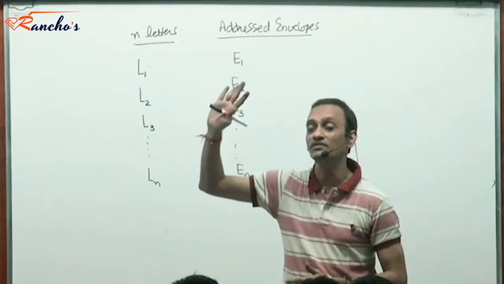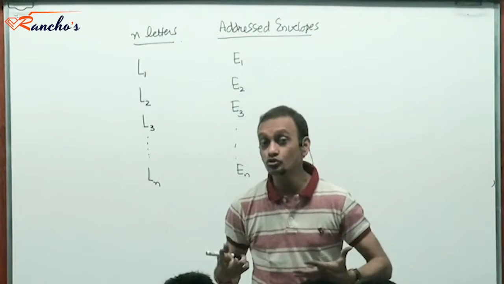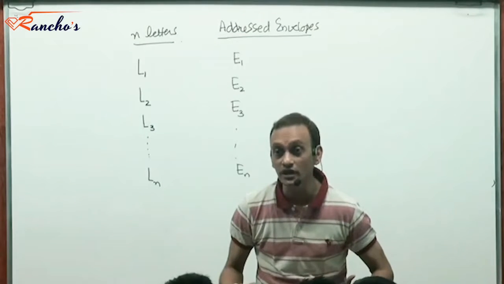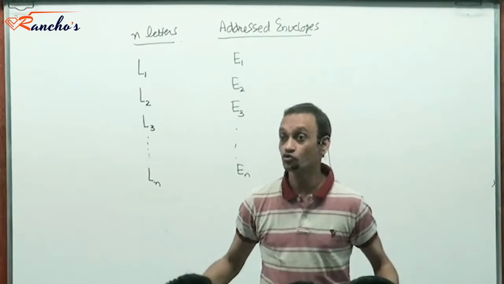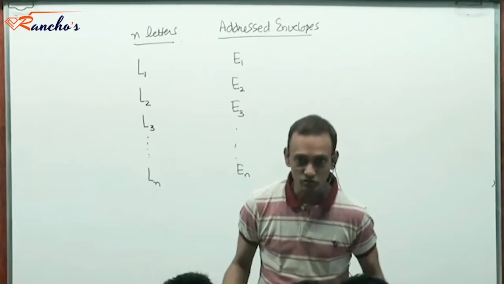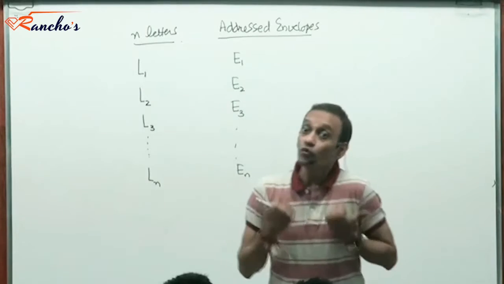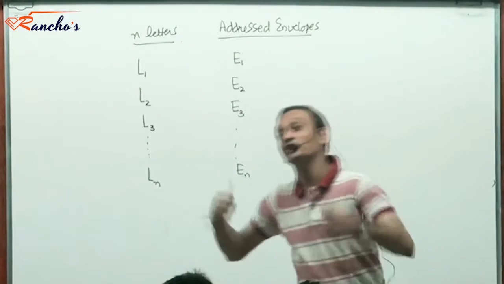L2 would go into E1. All messed up. And there are many ways you could cause that to happen, isn't it? There are many ways you can cause things to be not right at all. So if no letter goes in the right envelope, then there would be nothing that went right, right? Now I want to figure out the number of ways in which I can cause nothing to go right, right?